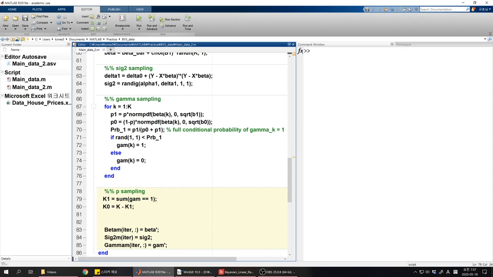Now we sample P. P should be generated from the beta distribution.